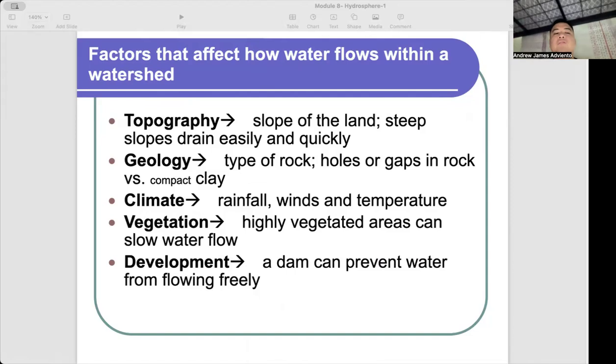For the geology, rock type affects the absorption. For the climate, rainfall and temperature. Vegetation, of course, slows down the water, and human activity like dams and cities can also affect the water flow. So humans can actually change how water flows in nature.